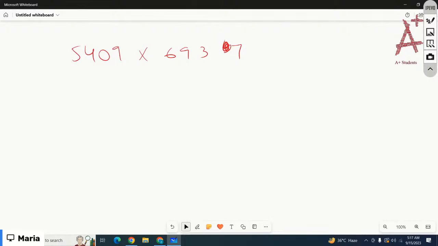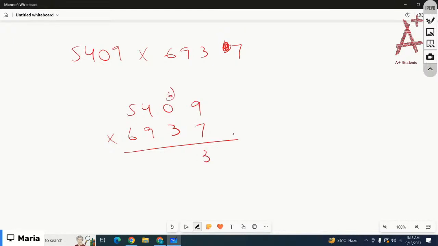You have to multiply exactly the same way you multiply two digit numbers, right? You just have more digits now. Let's start with the multiplication, that is 5409 times 6937. Just be careful while multiplying with writing carries and everything, right? 7 times 9 is 63.